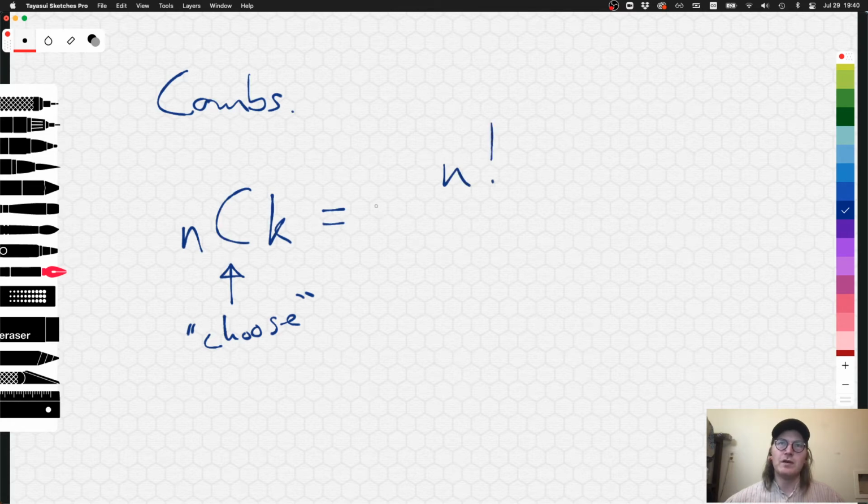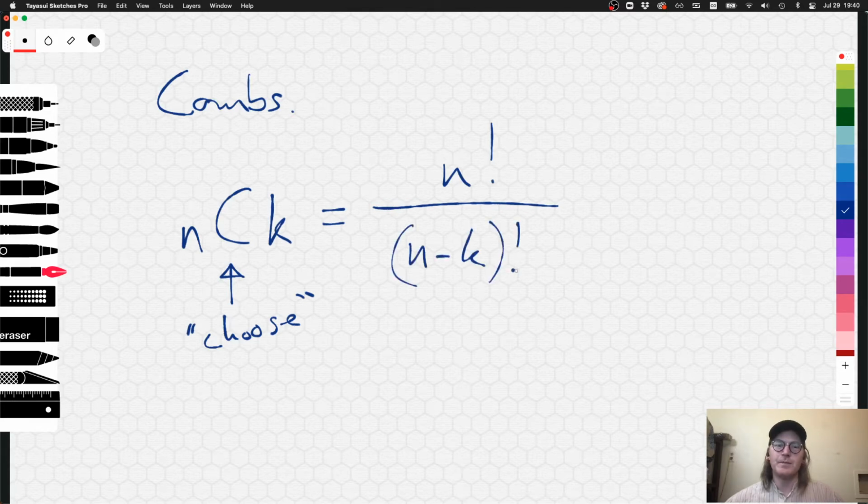So n choose k is going to be... Notice it is the same formula as permutations, except you reduce again. In some sense, this is like, what are you excluding?